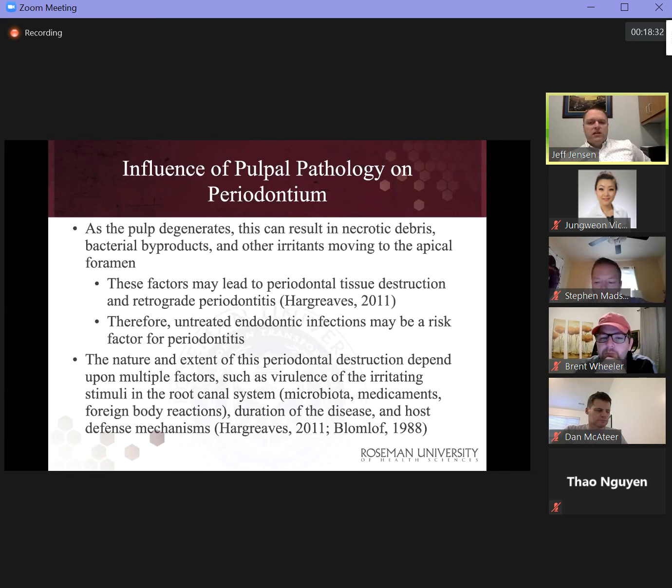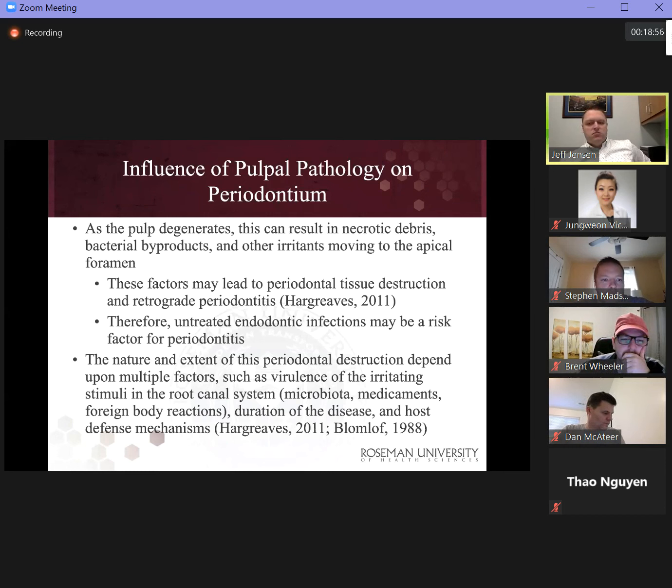And that's going to lead to byproducts, so debris, dead cellular material, bacteria, their byproducts and other irritants, typically moving apical, right? So we typically see a lesion at the apex of the tooth radiographically that's occurring as this pulp degenerates.